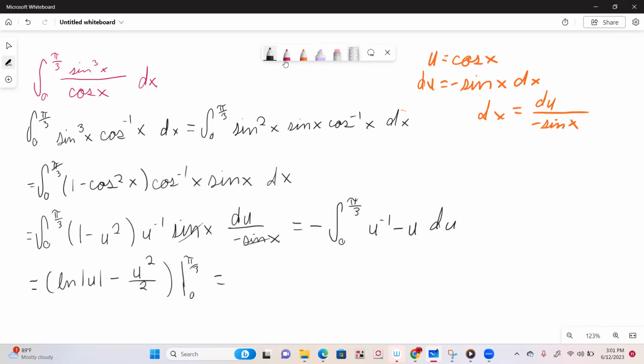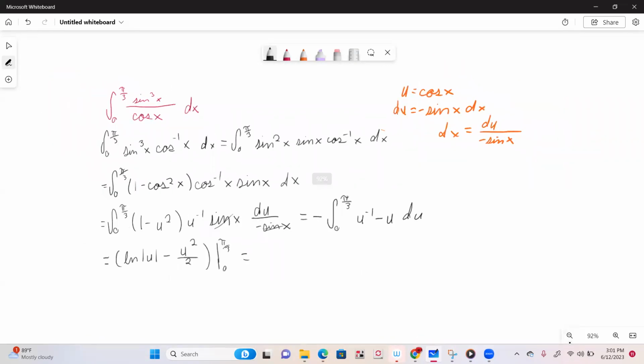Oh, sorry, that is incorrect. First, since I didn't change these in respect to u, I actually have to plug back in my values. I have to undo my substitutions before I can use these values.